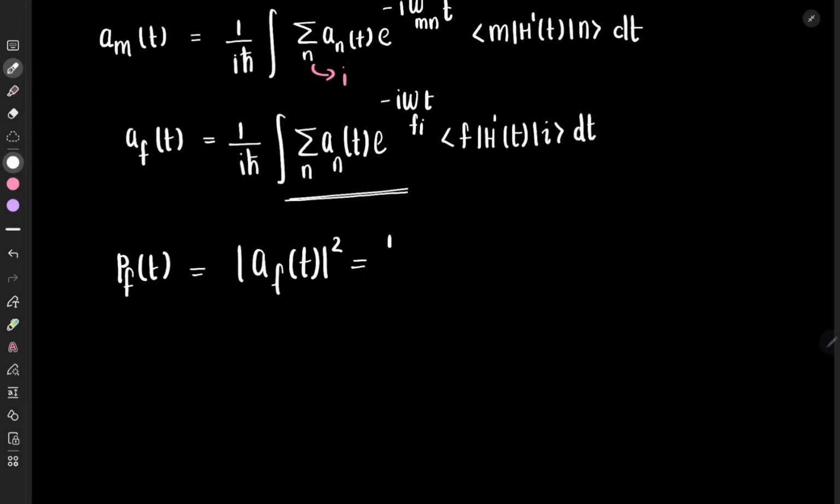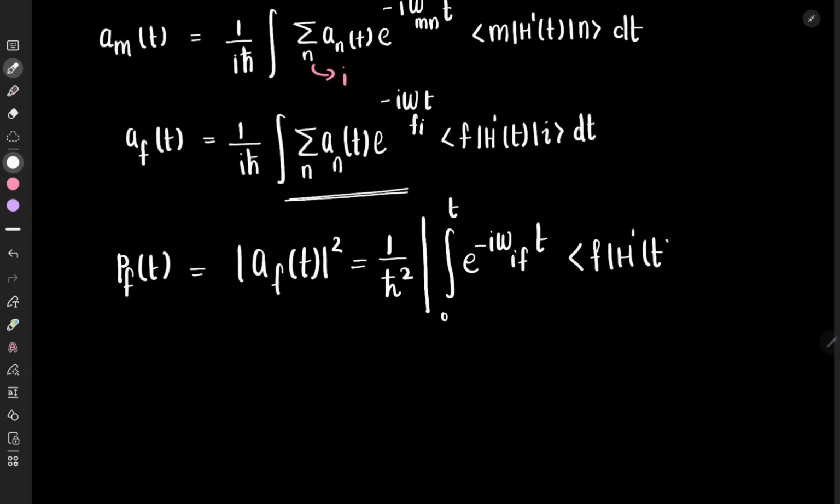We'll get it as 1 by ħ square, magnitude of integral 0 to t e raised to minus i omega fi, bra f H dash of t ket i dt, the whole square.